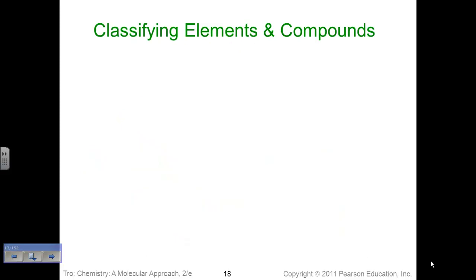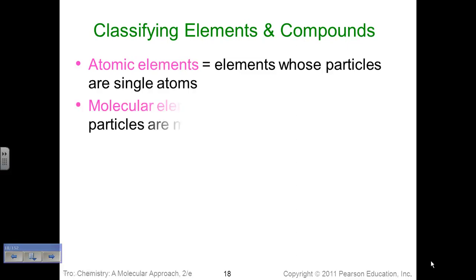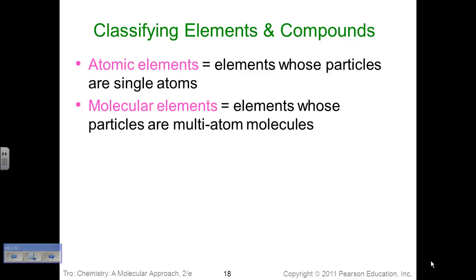So as we examine the classification of elements and compounds, it really has two focuses. Are the atoms alike or are they different? Are the atoms held together by ionic bonds or by covalent bonds? We begin examining atomic elements, those elements whose particles are just single atoms, as in the focus in the previous slide of neon.